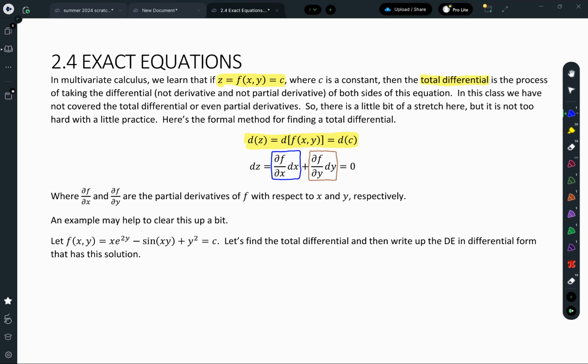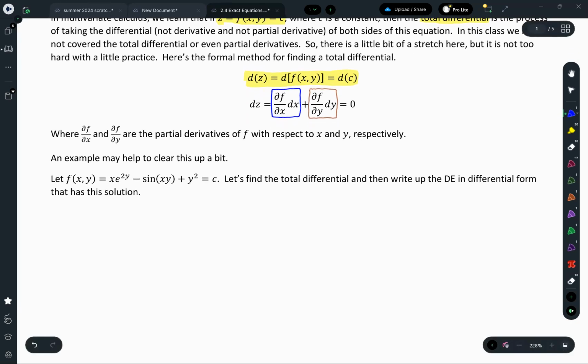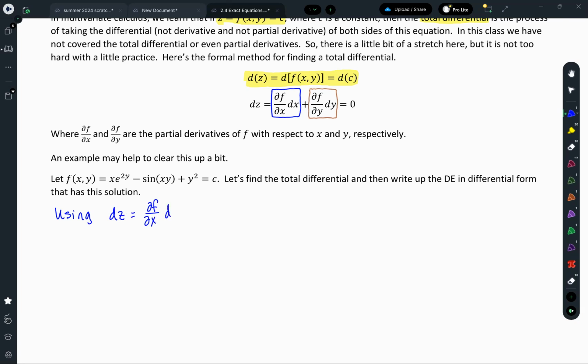Now, I'm going to do an example so that we can all see how this whole partial derivative thing even works. Okay? So we're supposed to find the total differential, and we're going to be using dz equals del f del x dx plus del f del y dy.